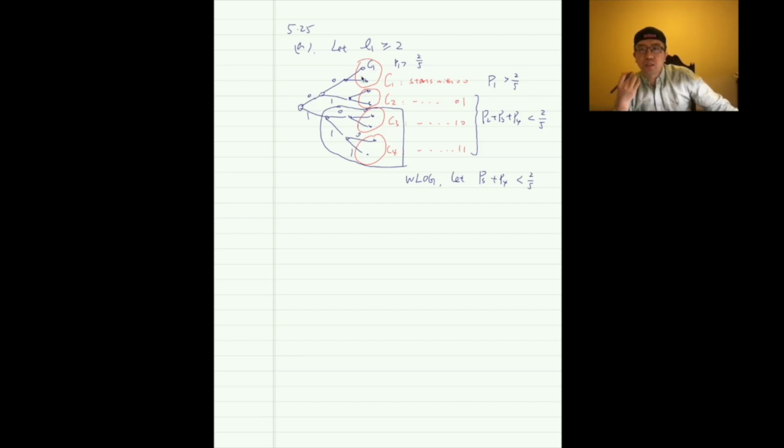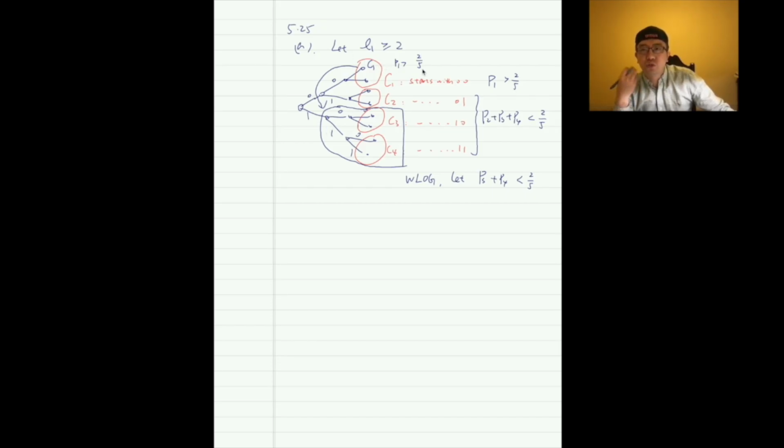So now what we're going to do is exchange this and that. It means that we move this tree to here and move this from here to here. By doing this, we increase the length of this code by 1, but they are with probability less than 2/5. But if we move this guy to here, we shorten the length by 1, and the probability here is bigger than 2/5.